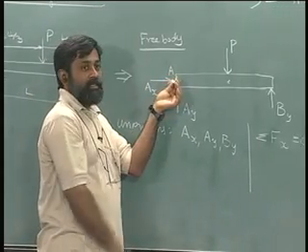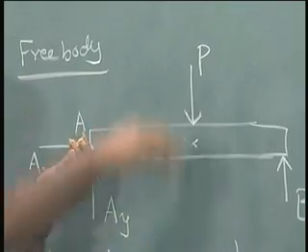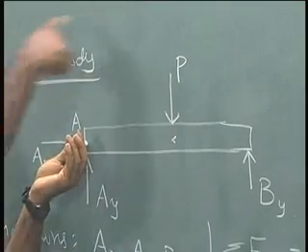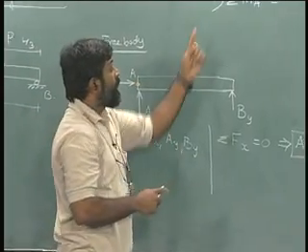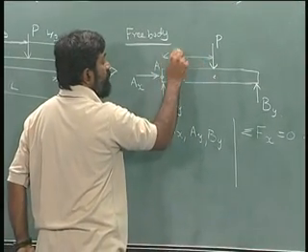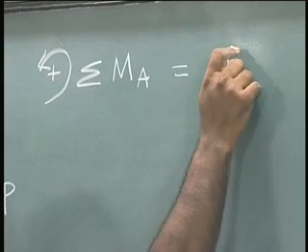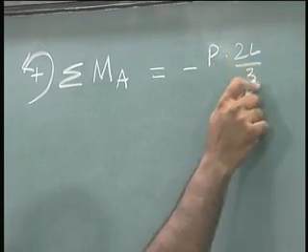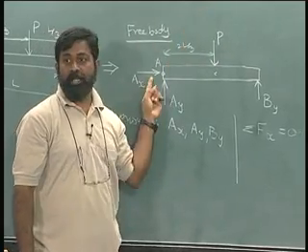I just hold this and look at what kind of moment this will create. P will try to push it down and therefore will introduce a clockwise rotation. Anti-clockwise is positive, and this distance I already know is 2L by 3, and therefore it will be minus P times 2L by 3, the contribution of P for the moment at A.